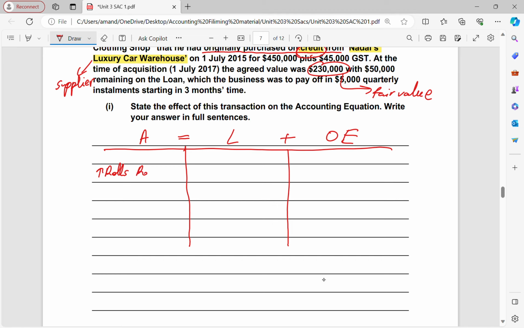Okay, so this will increase the Rolls-Royce, the vehicle, for the business by $230,000. But the business takes on the remaining loan, so their liabilities will also increase, as the loan increases by $50,000, right?